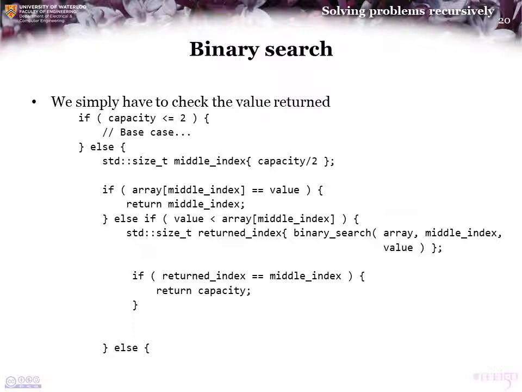So we will return capacity to flag that it's not in this larger array either. Alternatively, if the value returned was between 0 and middle index minus 1, that means the value actually was found in one of those first entries. Therefore, we will just return whichever index was returned by the recursive call to binary search.